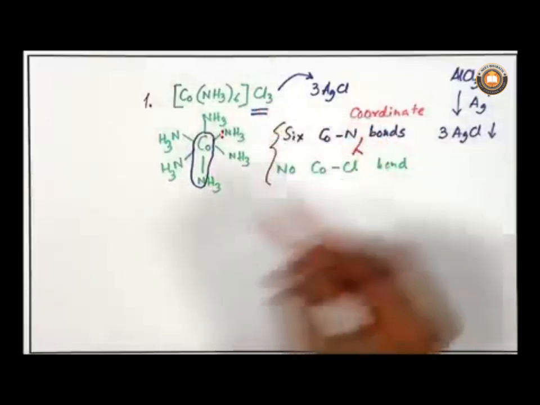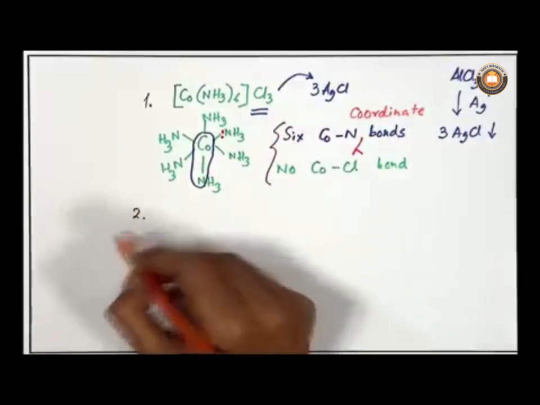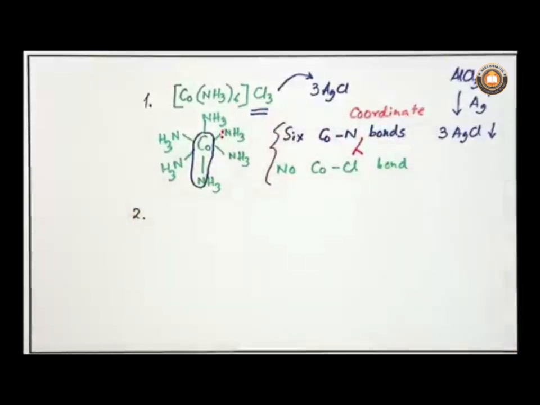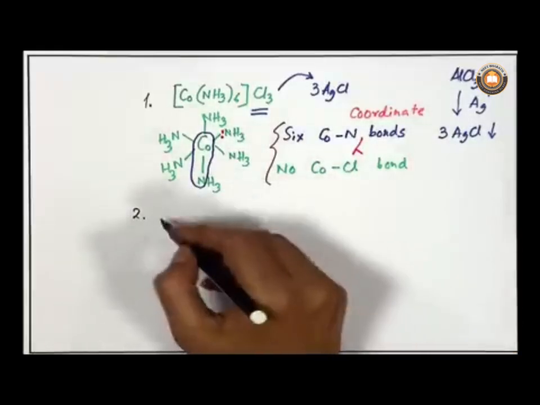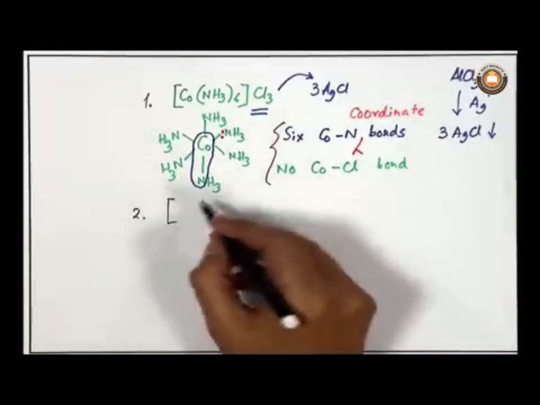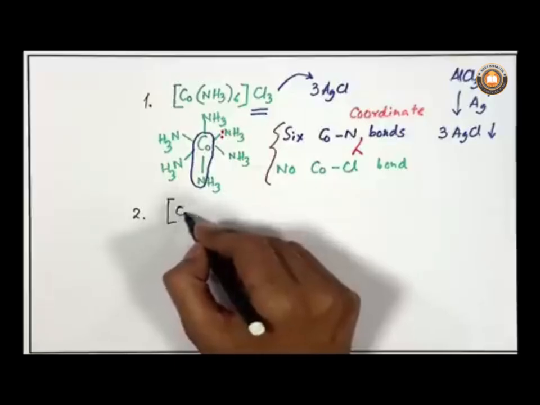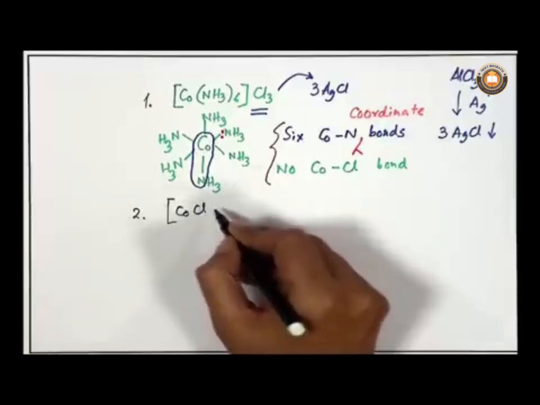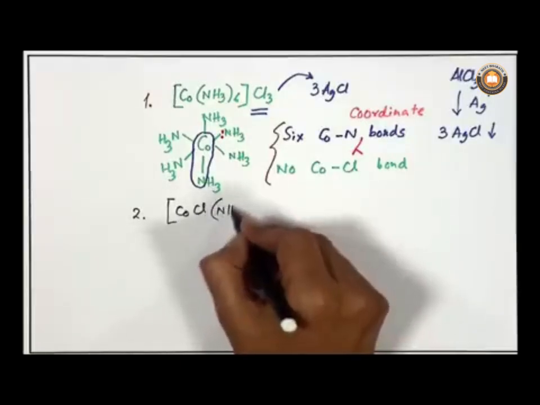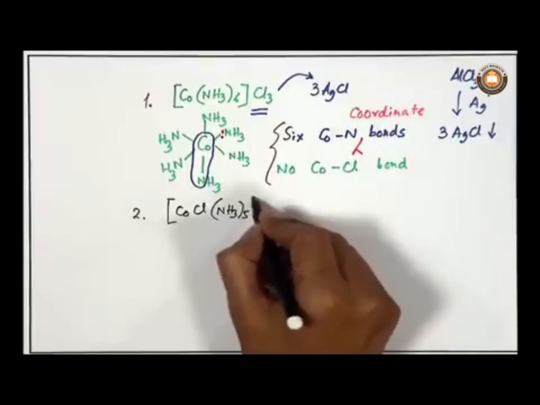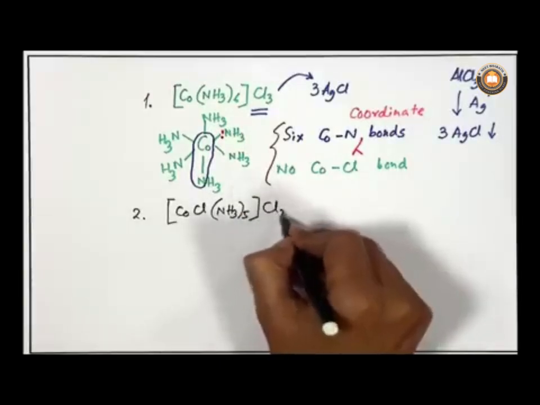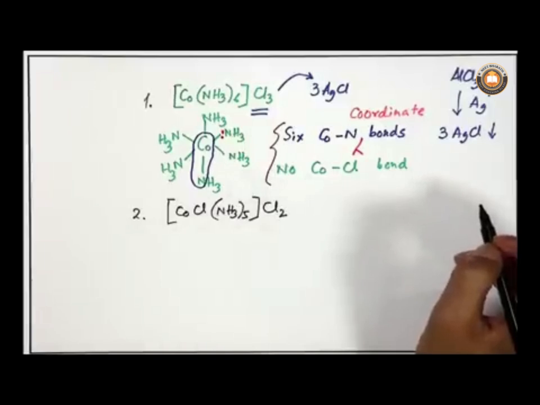What we do with the second compound, if we write down the formula, everything is in your textbook, you only need to sit comfortably and write it. So, here you have 1 Cl and NH3 is 5 in number, and 2 chlorides are outside.